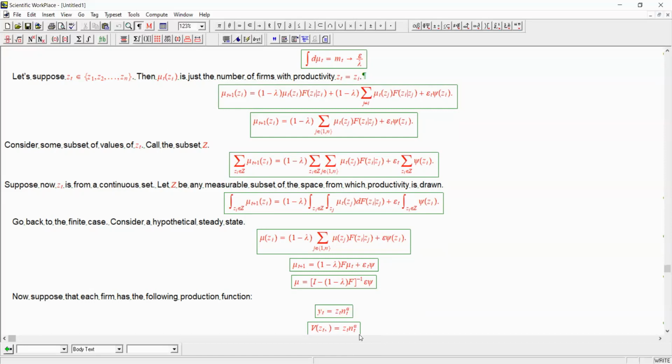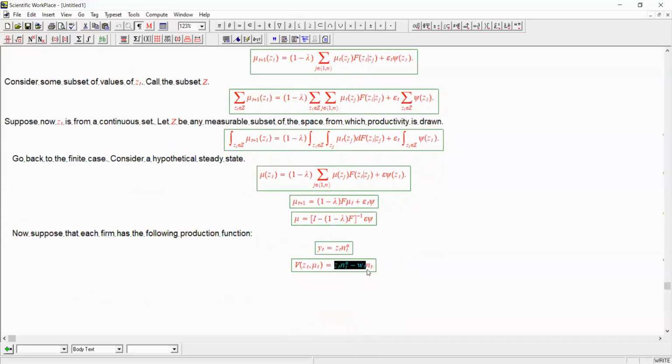What is that? It's mu. And why does mu matter? Mu matters because in equilibrium, prices are going to be a function of that. Minus the wage times labor. So it's maximizing its profits.